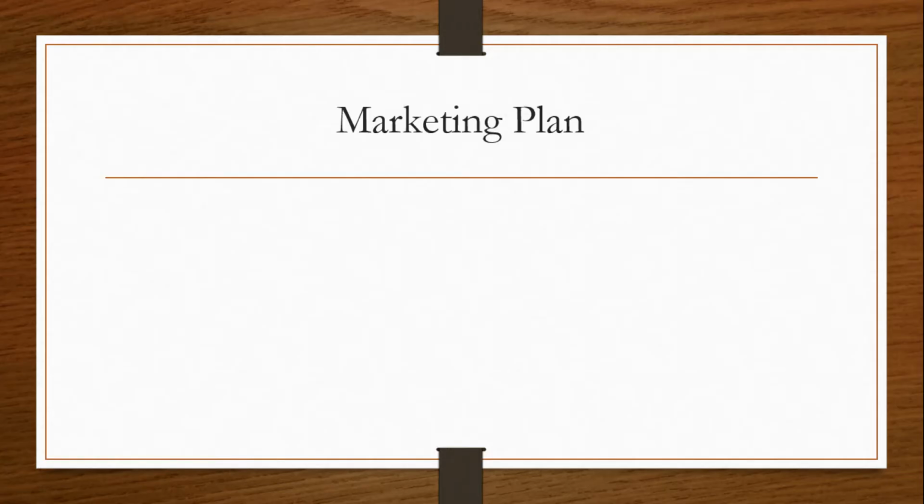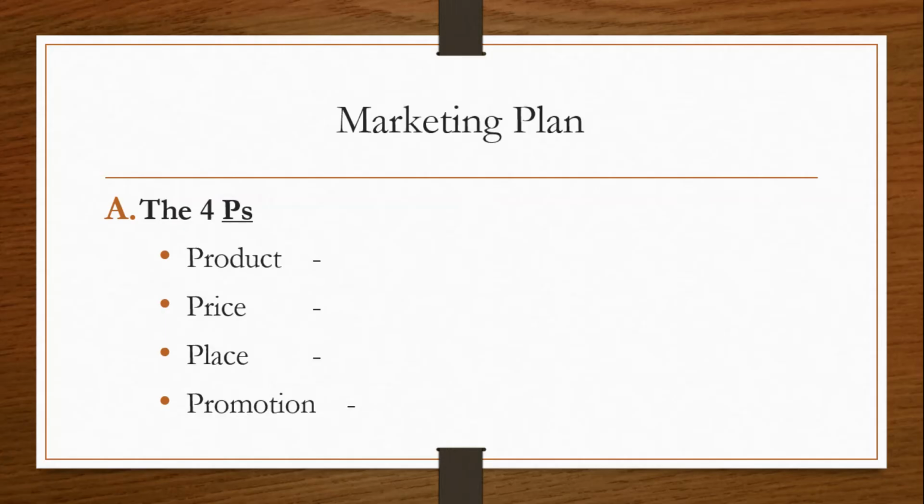Now, let's discuss the first element of this business plan. In this element or component, we just need to write the purpose of marketing. Now, let's fill up these items with a brief but concise answer.